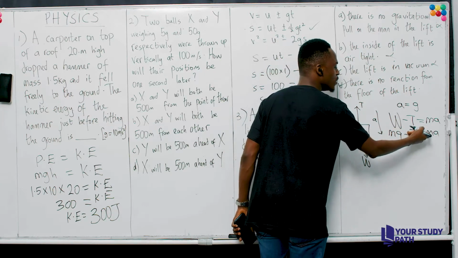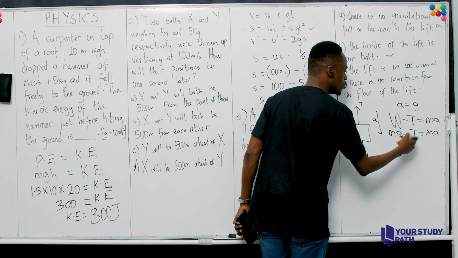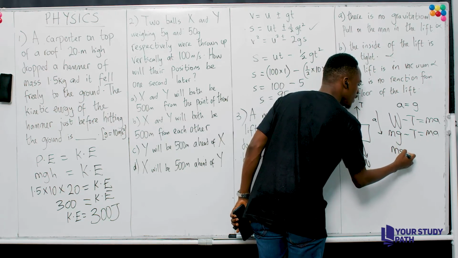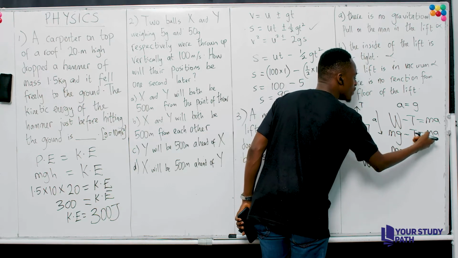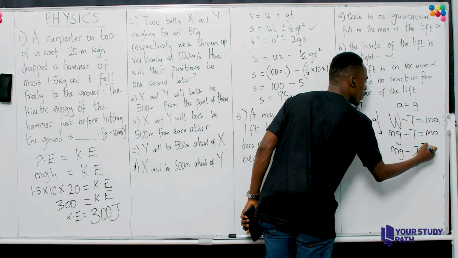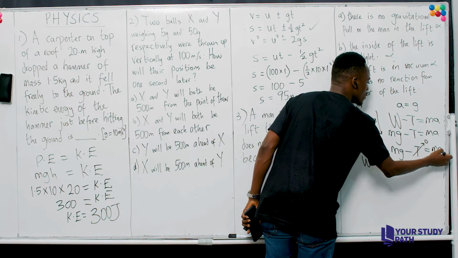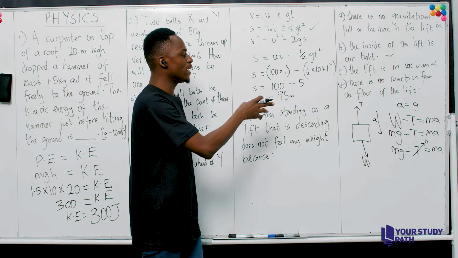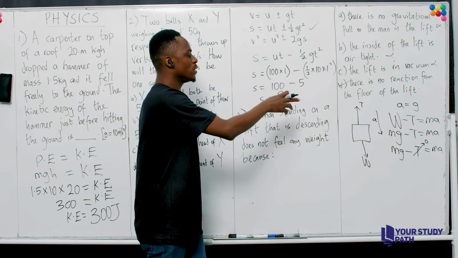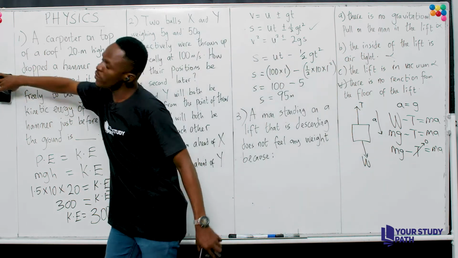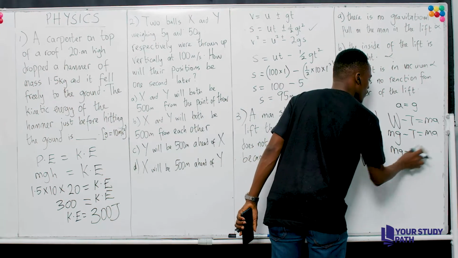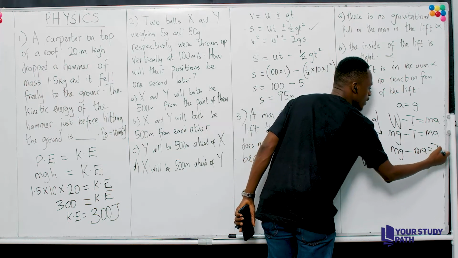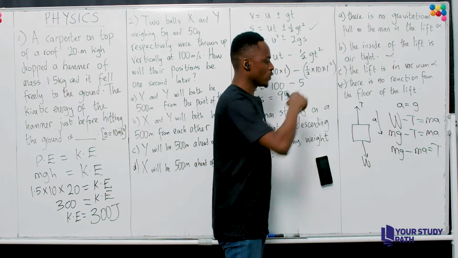Now, mg can only be equal to ma when T is equal to 0. When we collect like terms, bringing ma here, the tension moves to the other side.